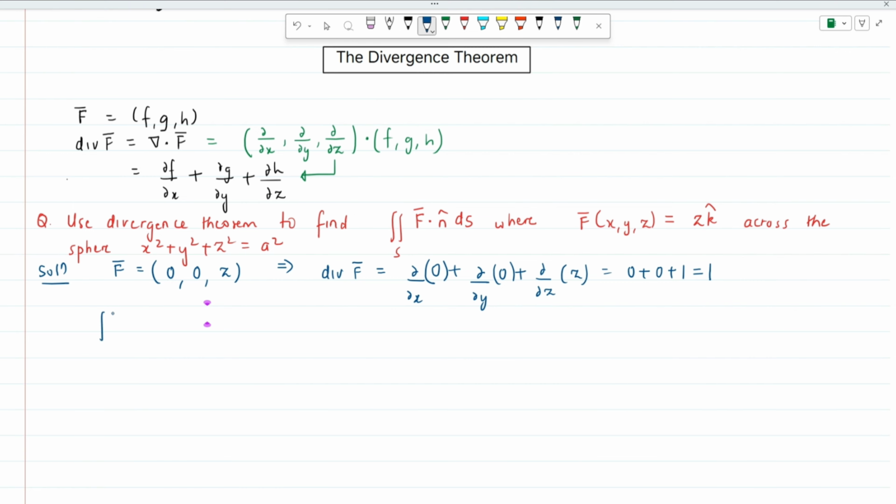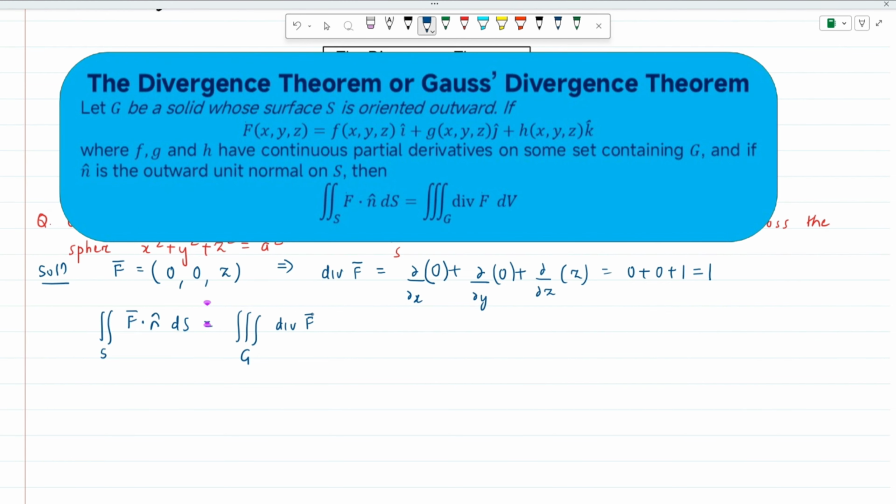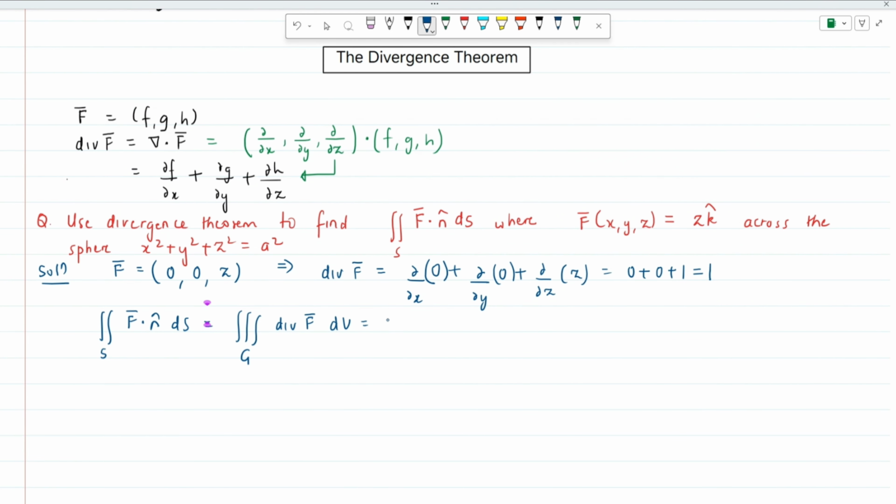Moving forward, by the divergence theorem we have that the surface integral of F dot n hat is evaluated as the triple integral over G of the divergence of F dV. In this case this happens to be the triple integration of 1 dV.